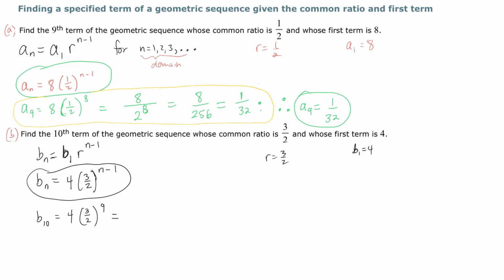This is 4, which is 2 squared. So we have 3 to the 9th over 2 to the 7th. And let's see what that is.